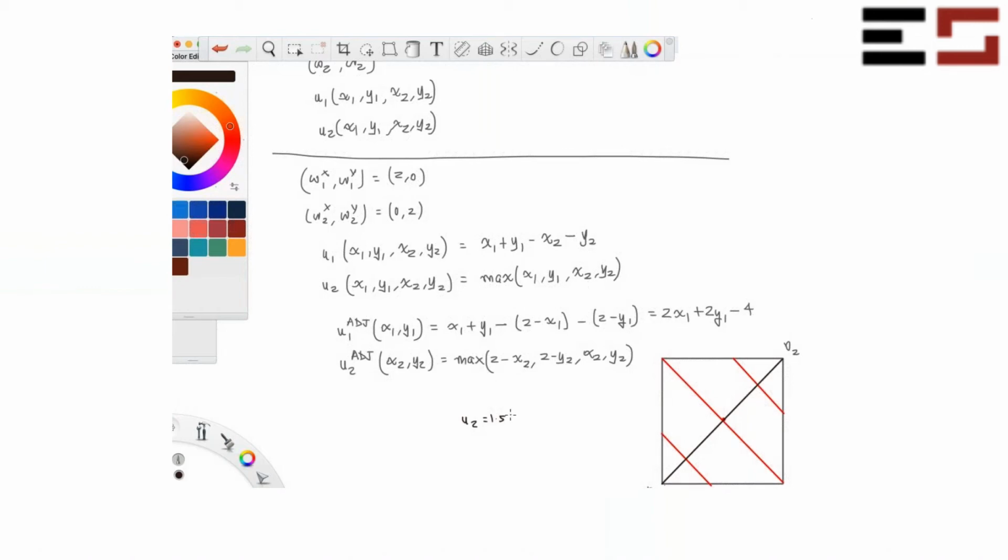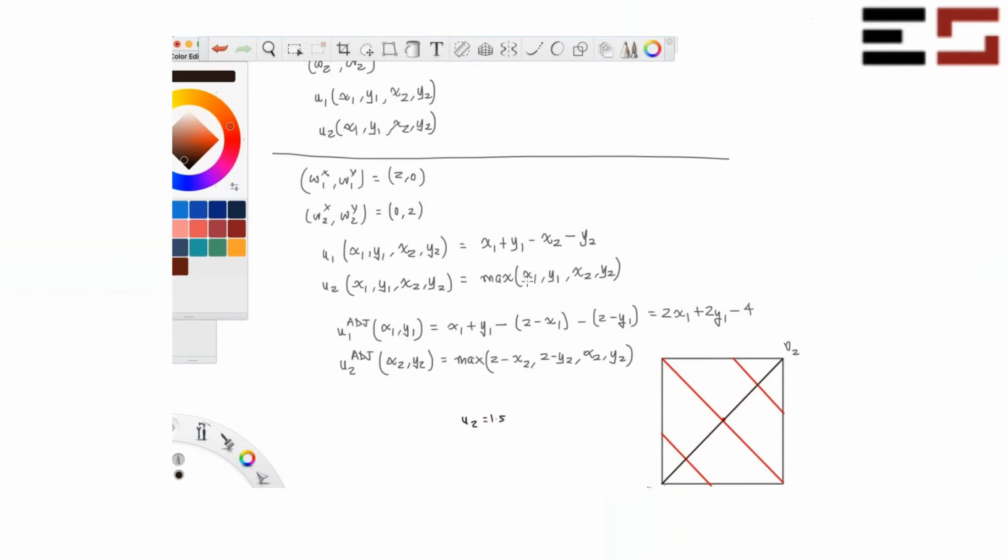So what we can do is draw a superset of the indifference curve first, and then eliminate whatever region is not going to satisfy this property that the max is 1.5.